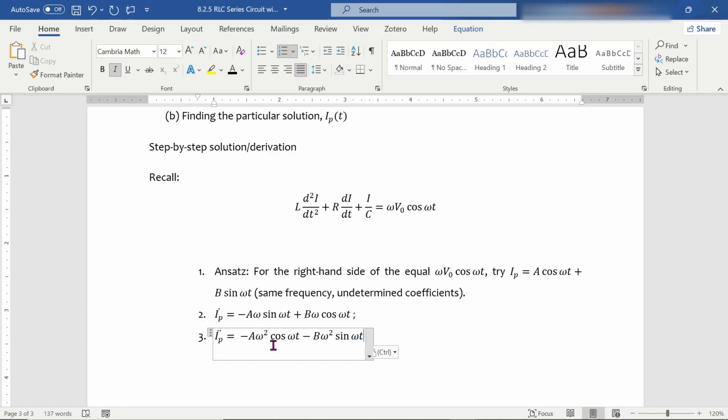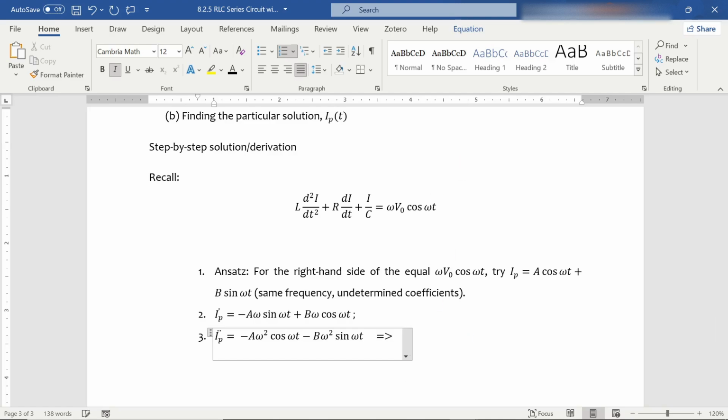I think this is okay. We have omega squared.